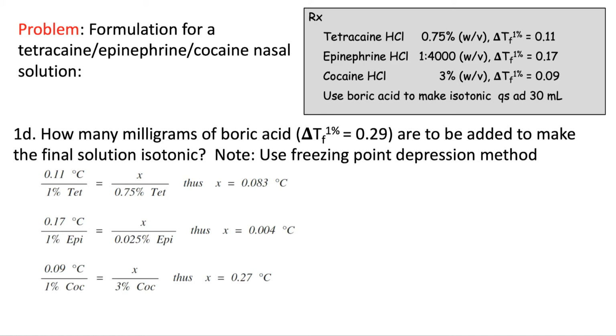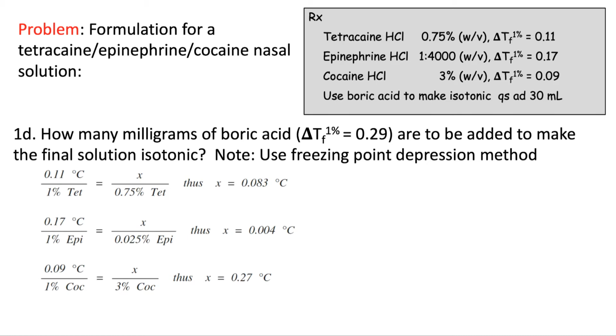Let's go on to epinephrine. Its delta TF 1% is 0.17, which means 0.17 degrees Celsius change caused by a 1% concentration of epinephrine. And we'll set that equal to some unknown change given its percent. Now, I made a bit of a change here.